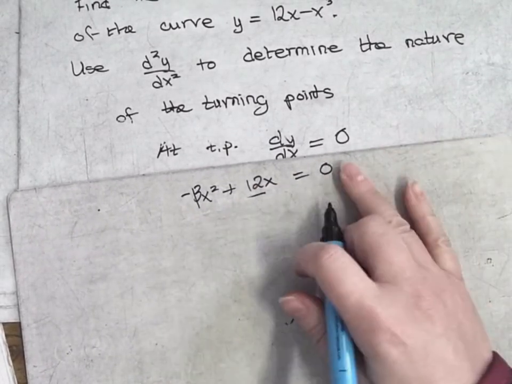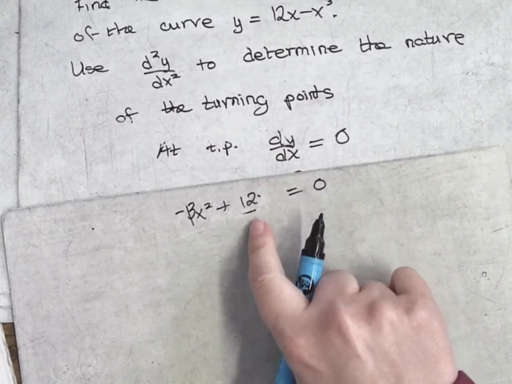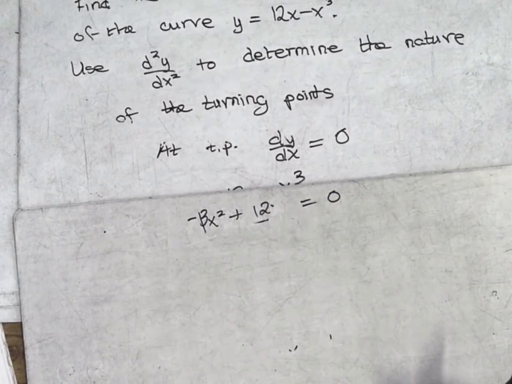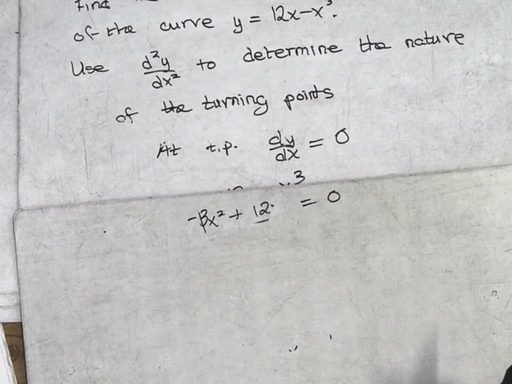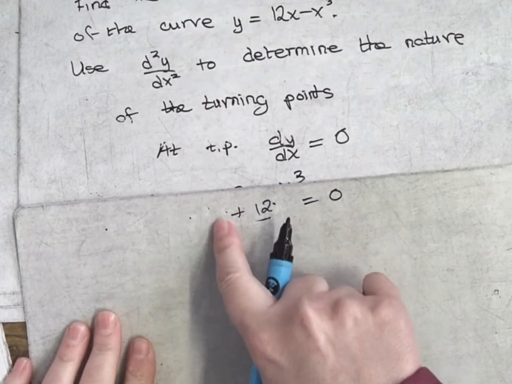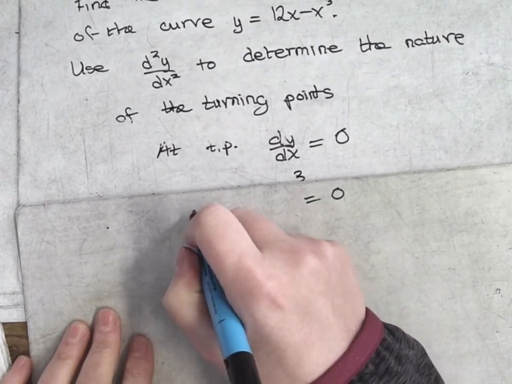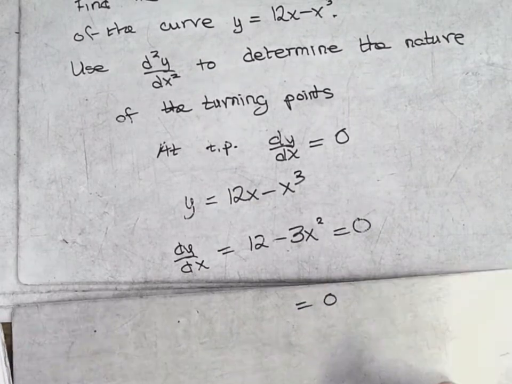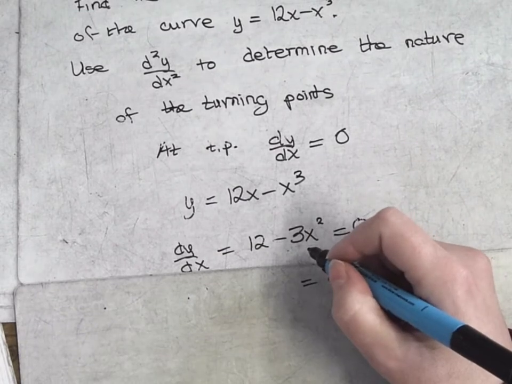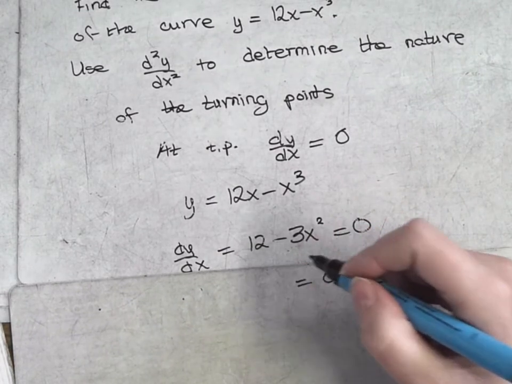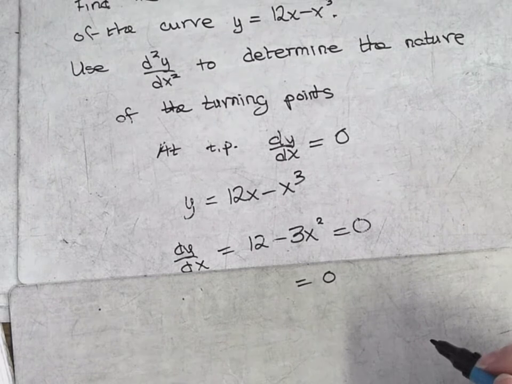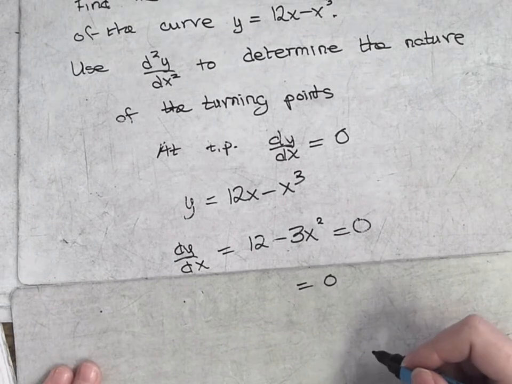So when you differentiate, you get minus 3x squared plus 12, not 12x. When you differentiate, it's 12 minus 3x squared. Look, I differentiated it right, and then I decided to put an x on it. It was a test.